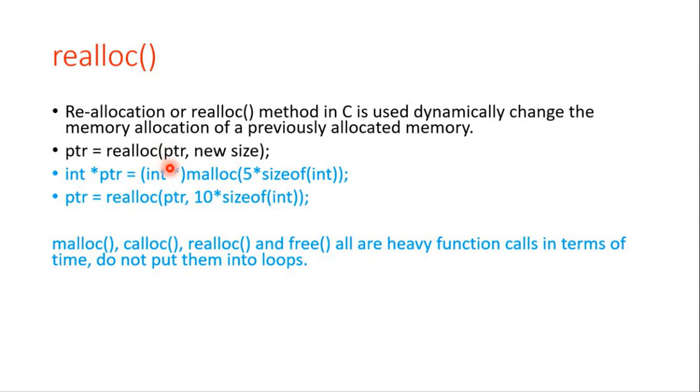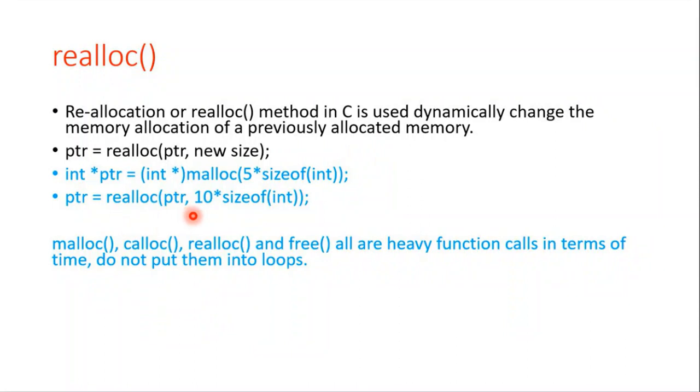ptr means we are reallocating memory, we are increasing the size of the ptr variable. That's why the first parameter is the pointer variable in which we want to reallocate the memory.